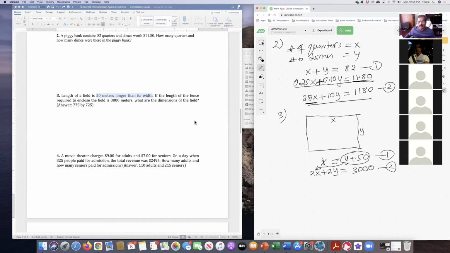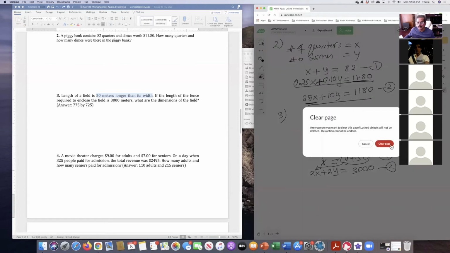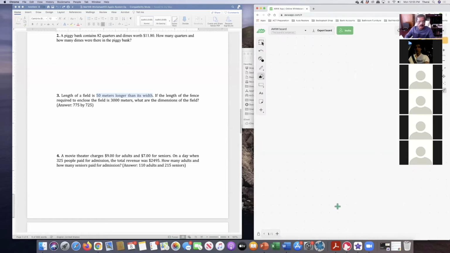I'm going to introduce the names for them, and then we will work on the equations together. So let's call the number of adult tickets sold X. And Y will be the number of senior tickets sold.